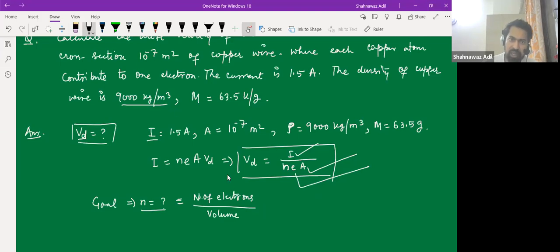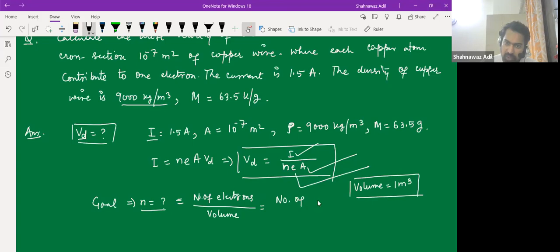And we know that for 1 meter cube volume, the mass is 9,000 kg. So volume is also given. Volume is 1 meter cube, right? So ultimately, we have to find the number of electrons.